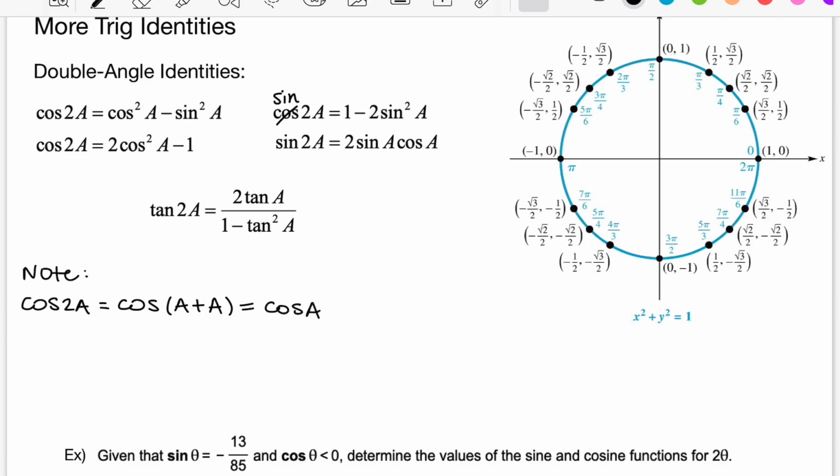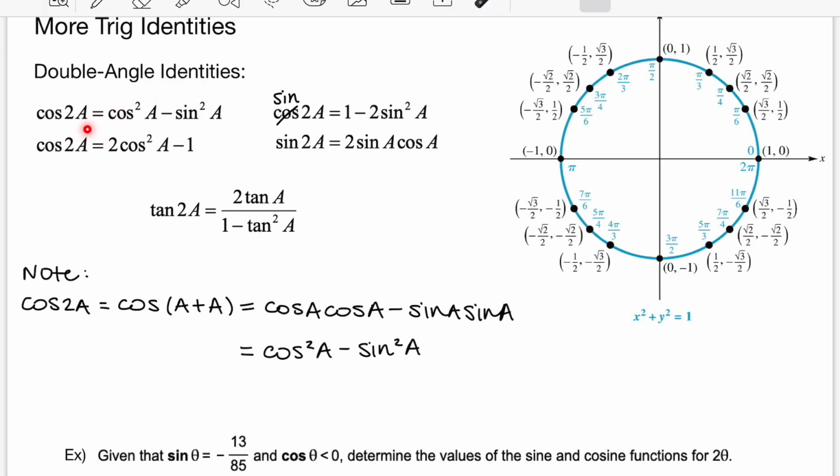This is going to be cosine of a times cosine of a minus sine a times sine a. This gives us cosine squared a minus sine squared a, which is exactly what we have for our double angle identity here. And then the rest of these identities can be verified in a similar way.